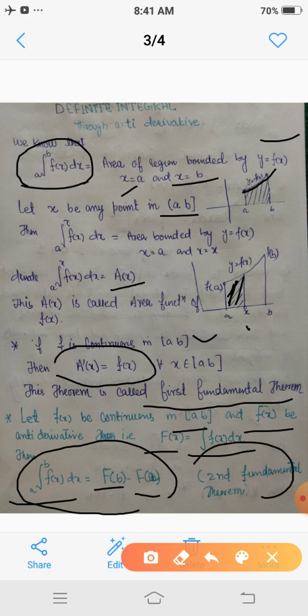Actually, the first fundamental theorem gives us the condition under which differentiation and integration are inverses of each other.